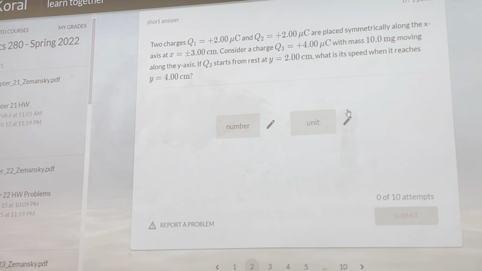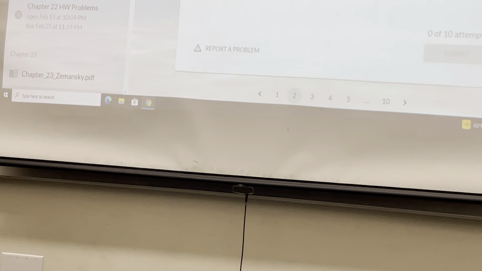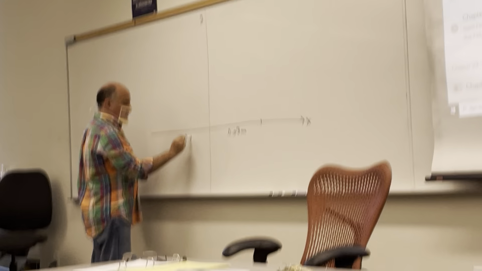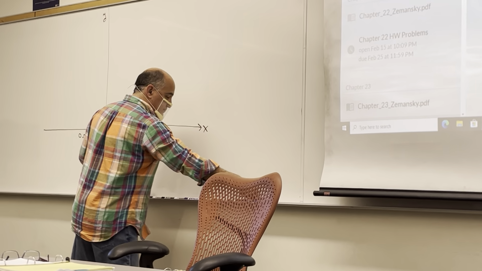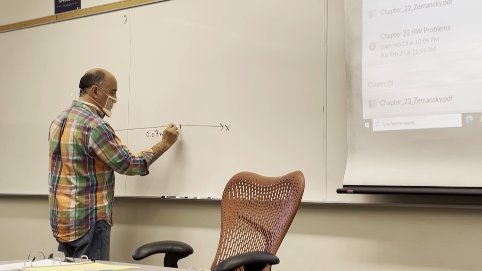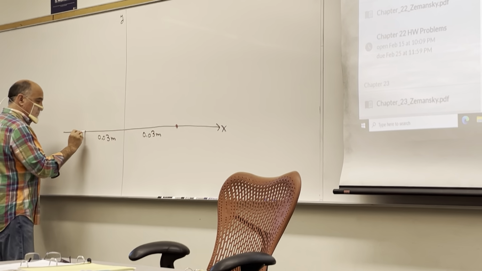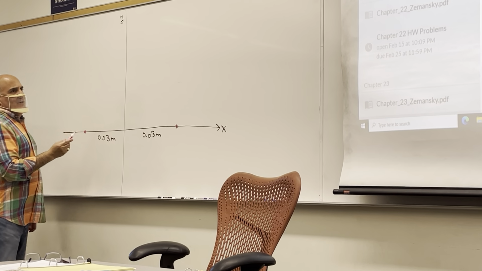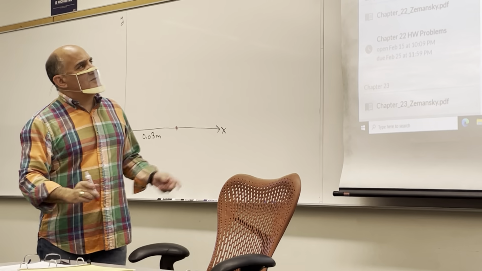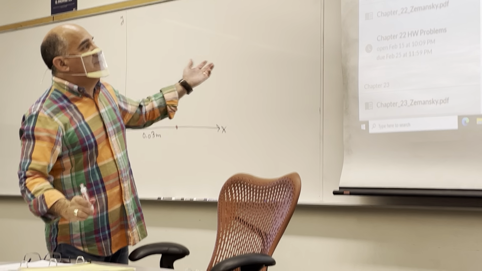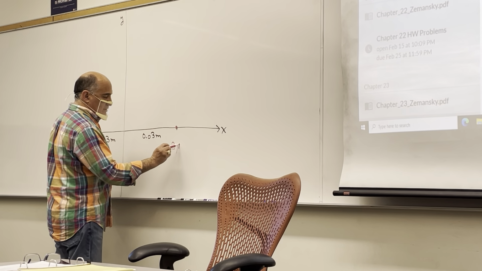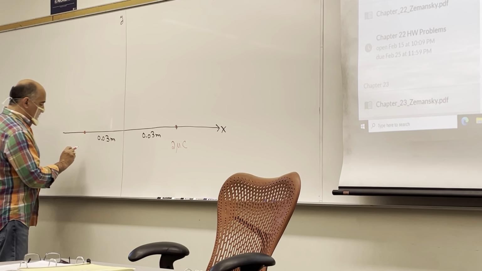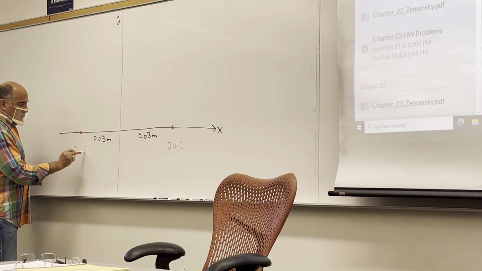So there's one over here at 3 centimeters, which is 0.03 meters, and the other one here, 0.03 meters. They're both 2 microcoulombs, right? So this is 2 microcoulombs and 2 microcoulombs.